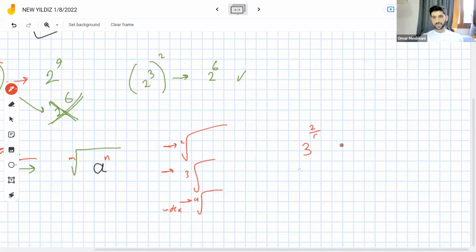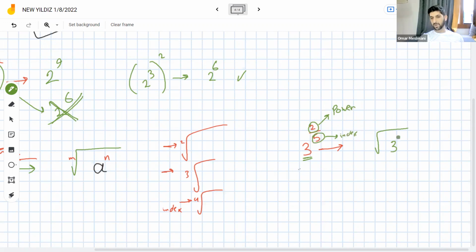How can I change it into radical? I will do the radical. Which one is the base? The base is 3. Which one is the power? That will be the power inside the radical, and the denominator is going to be the index for the radical.